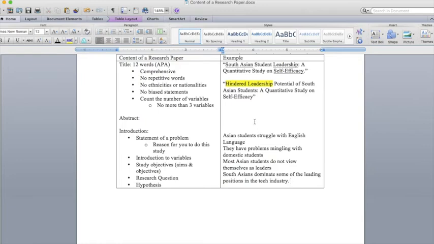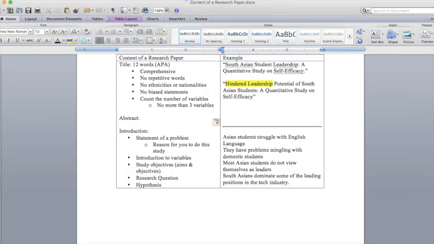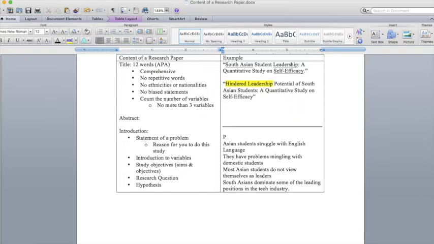I need to give a solid reason for me to do this research. If you just go through these points, I pretty much have figured out a very good problem or a very good reason for me to do this study. Now, what is the problem? The problem is South Asian students do not have the required self-efficacy to become leaders. Okay, now I am going to write that problem.